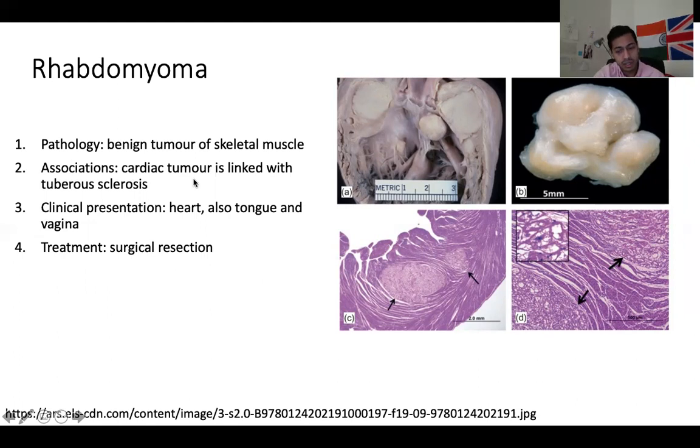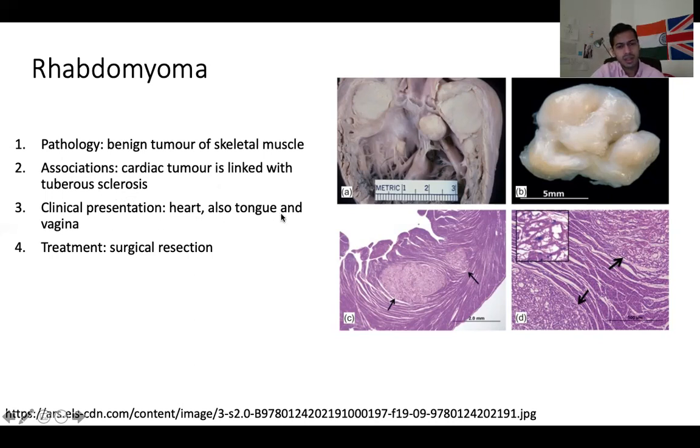So tuberous sclerosis is obviously a rare multi-system autosomal dominant genetic disease that can cause non-cancerous tumors in the brain, in the kidneys, liver, heart, lungs, etc. And so a cardiac tumor or a cardiac rhabdomyoma is linked with tuberous sclerosis complex.